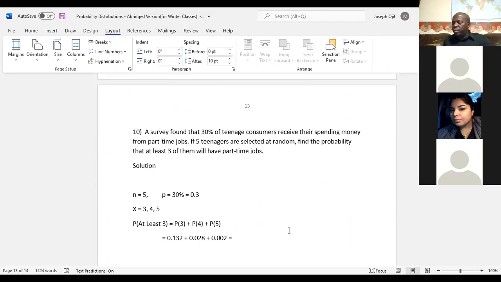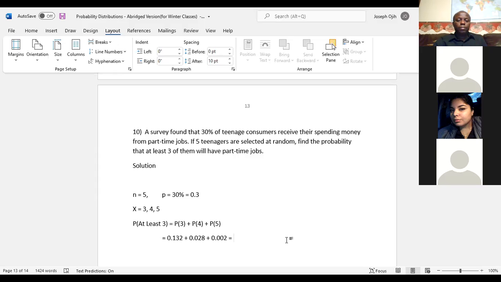Let me write it down so I can remember it. 0.132 plus 0.028 plus 0.002.